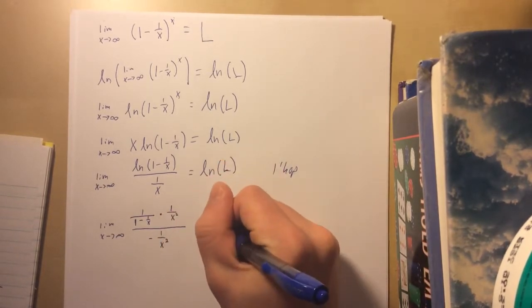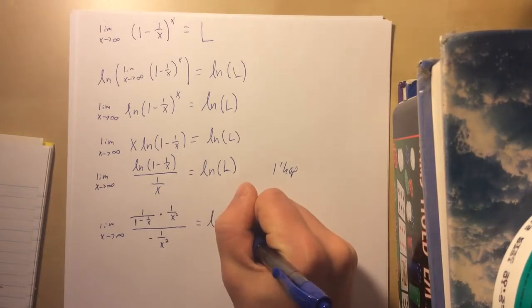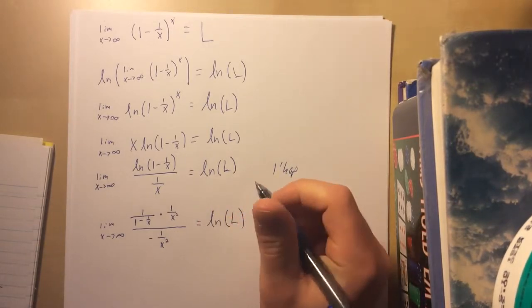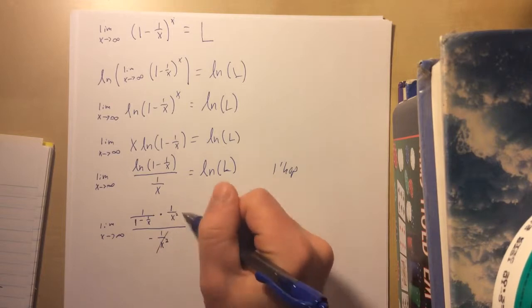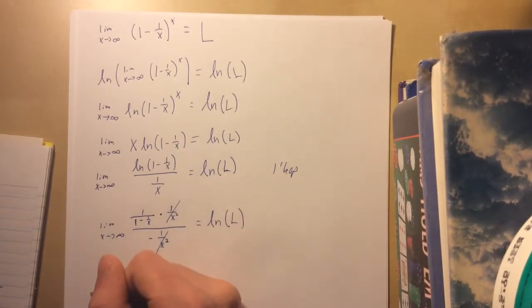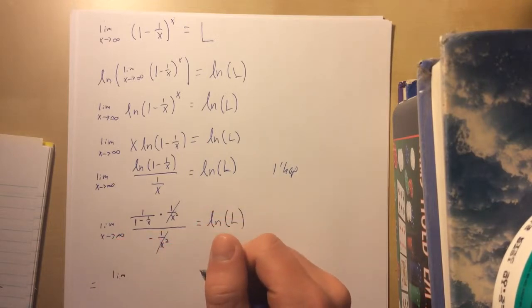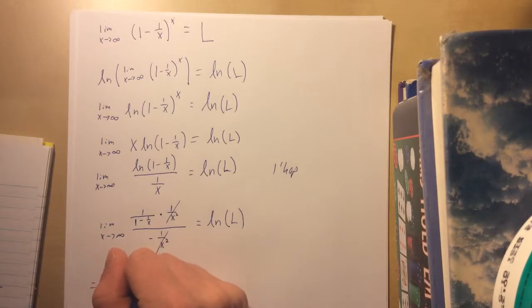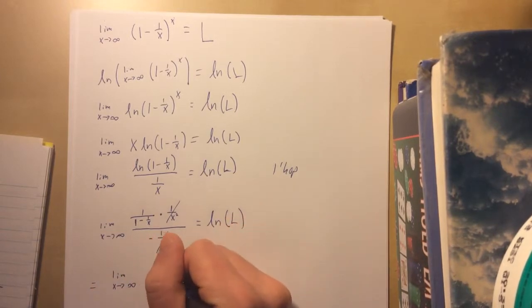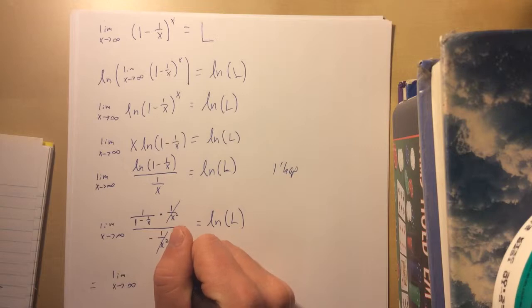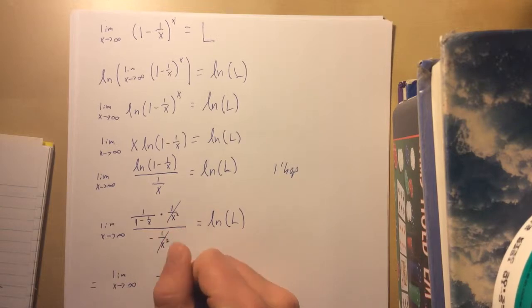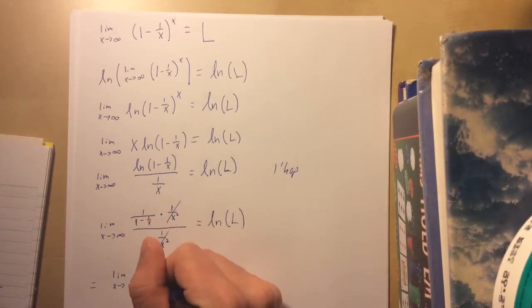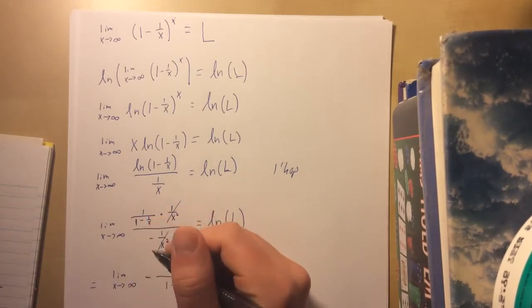And that's going to equal natural log of L. If you can see what happens next, these terms cancel out. We have the limit as x approaches infinity of 1 over (1 minus 1 over x), and don't forget the negative sign that was from the denominator right here.